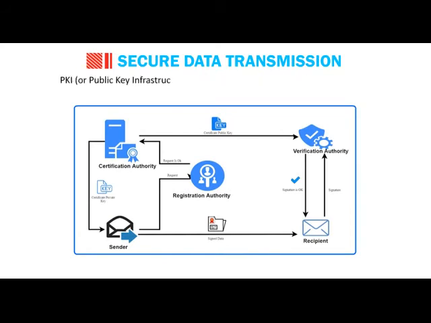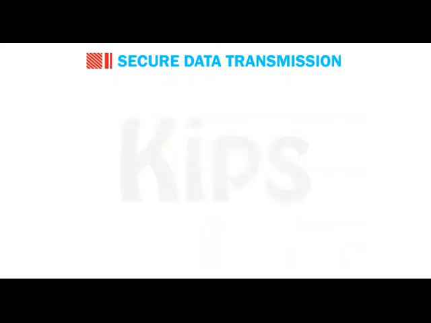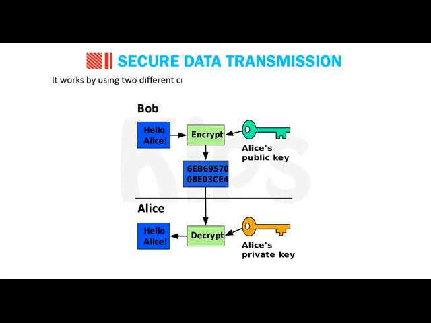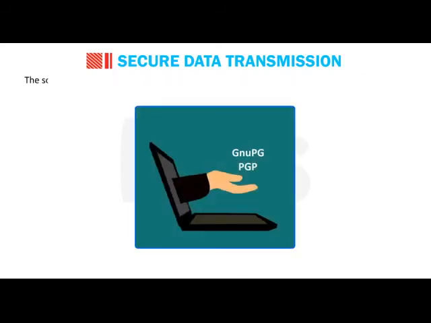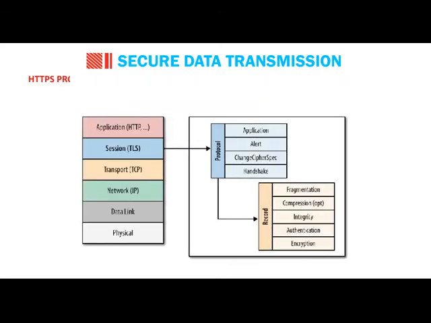PKI, or Public Key Infrastructure, is required for encryption and cybersecurity. It protects communications between the server and the user. It works by using two different cryptographic keys, a public key and a private key. Software applications such as GNU-PG or PGP can be used to encrypt data files and emails.